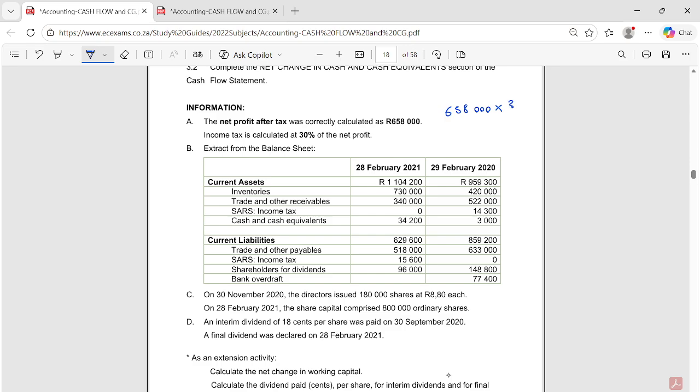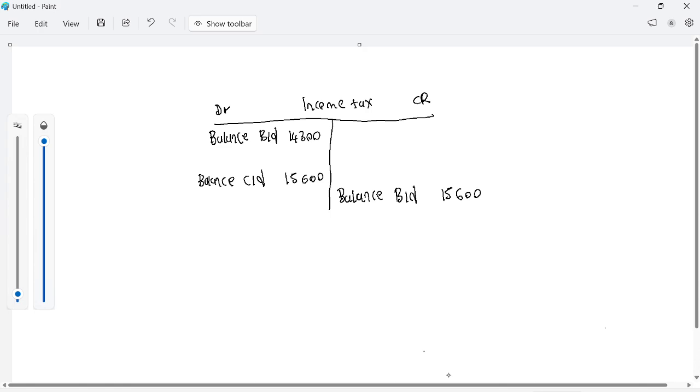So I'm looking for 30% over what? Remember, this amount is no longer 100% because tax was taken into account. So 100% minus 30, therefore this amount weighs 70%. So 658 multiplied by 30 over 70. I'm getting my income tax being 282,000. So my income tax is 282,000.